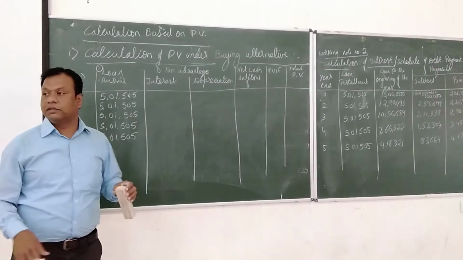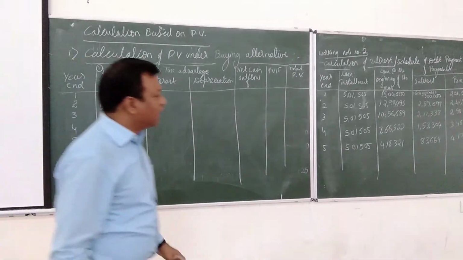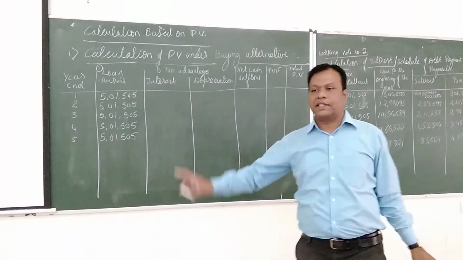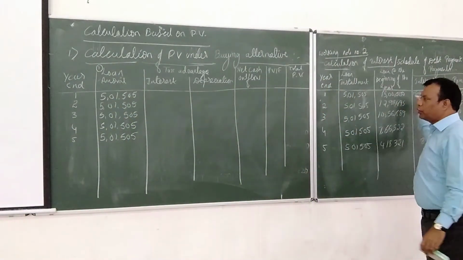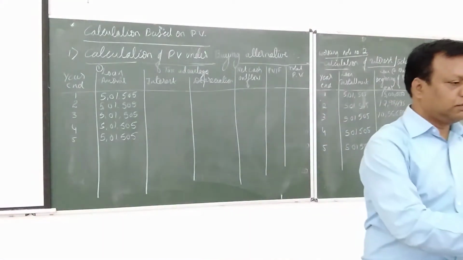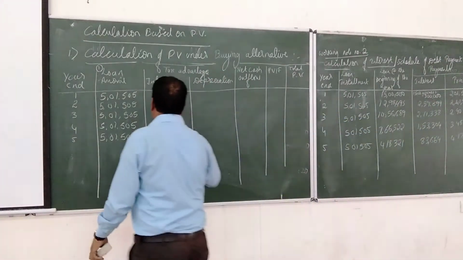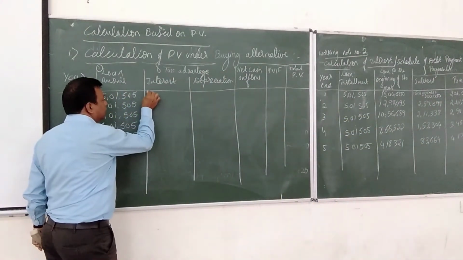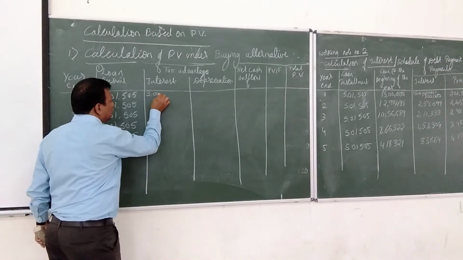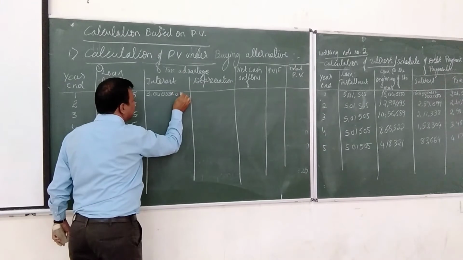What is the tax rate? 0.35. Okay, so if you multiply that one with that, what is the tax advantage you get? 0.35 of 3 lakhs. So 3 lakh is the first year interest, 3 lakh into 0.35. For this one I'll write here. 3 lakh into 0.35.